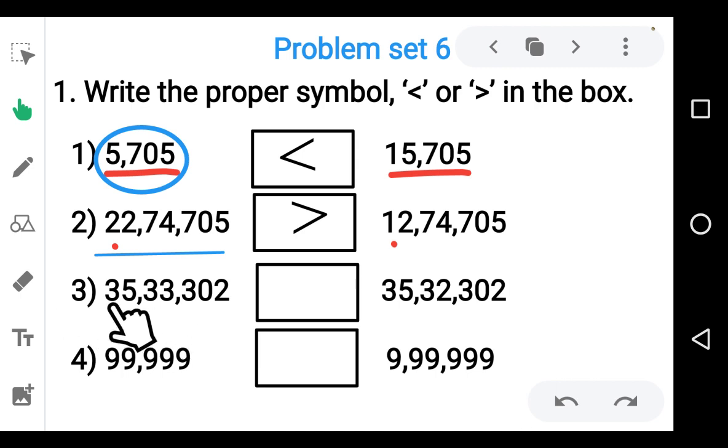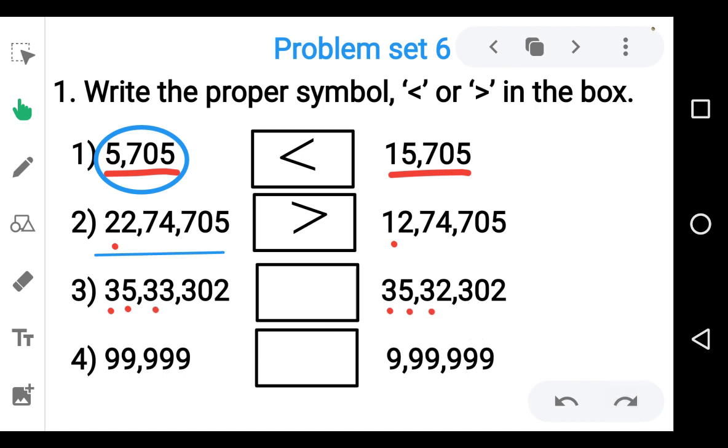Now see the next one. These both are 7-digit numbers. So we have to compare the places. See, in the 10 lakhs place, here is 3 and here is also 3. In the lakh place, here is 5, here is also 5. In the 10,000 place, here is 3, here is also 3. They are again the same.